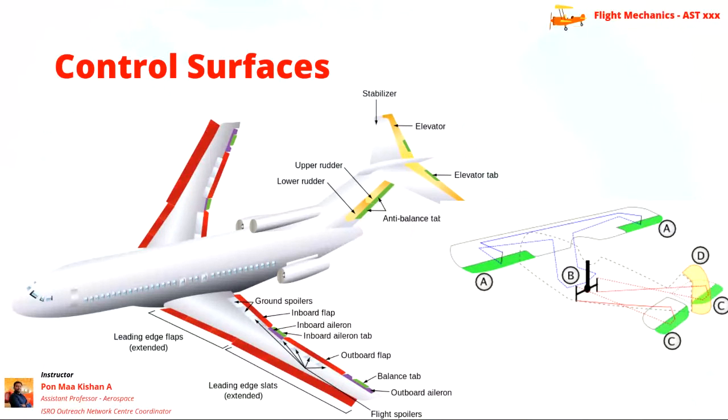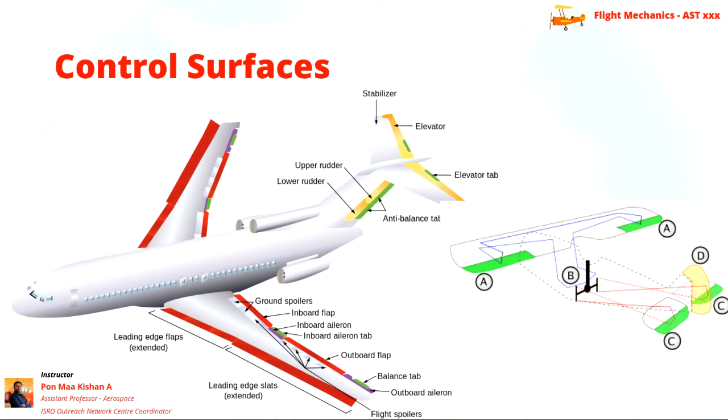In the B point, that is the control column, the pilot's control column given over here in the right side image. When the pilot is pushing and pulling back the control column, he can control the elevator. When he is turning towards left and right, he can control the ailerons. There are two pedals.